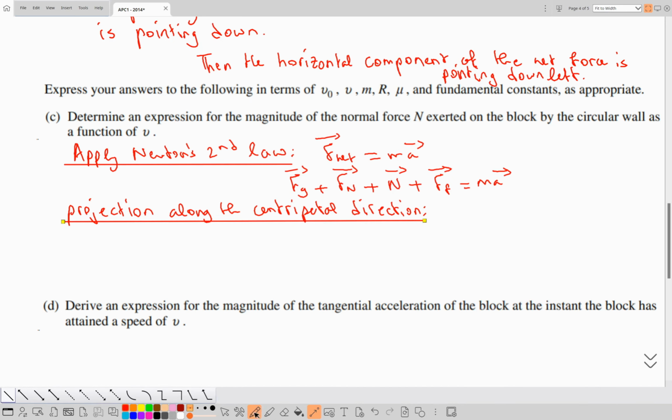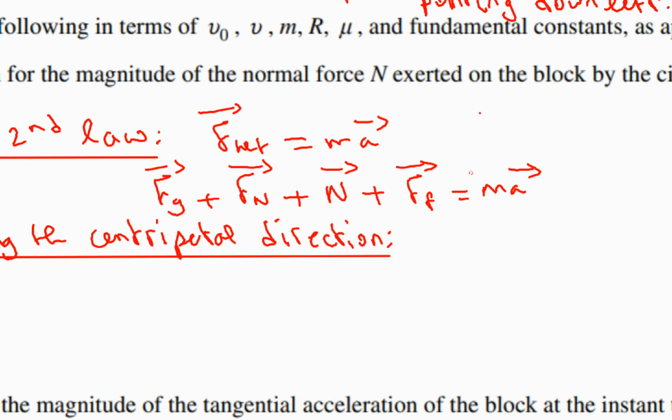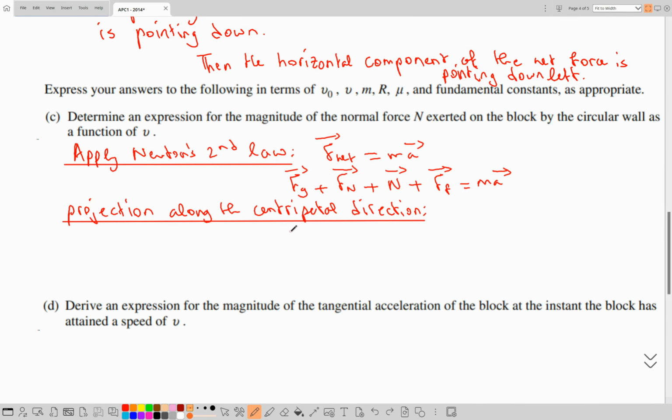And here let me mention something very important, although it's not required in part C. Friction is given by the coefficient multiplied by the normal push, and I should include N, because both of them should be related to the same surface. And this N is not related to the pull of gravity, but related to the centripetal direction.